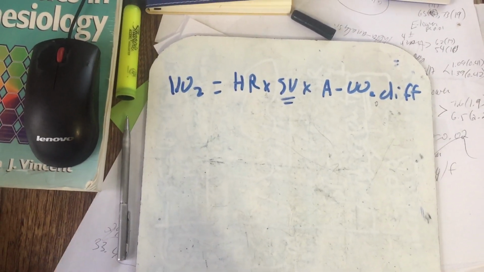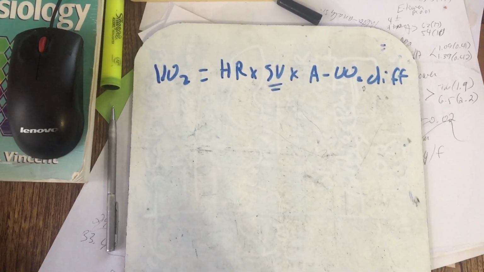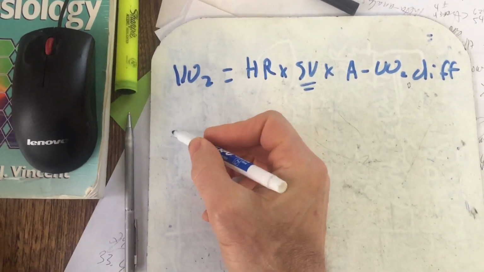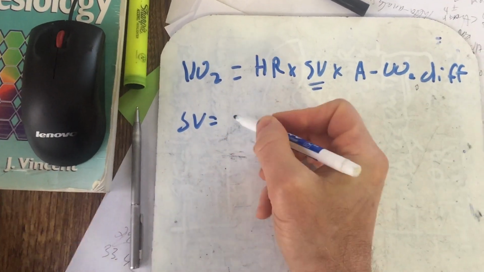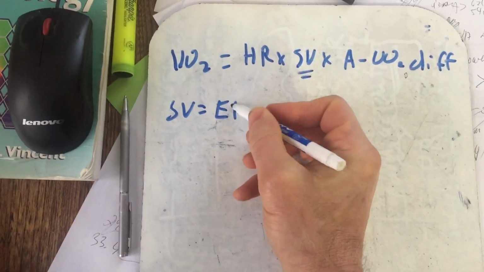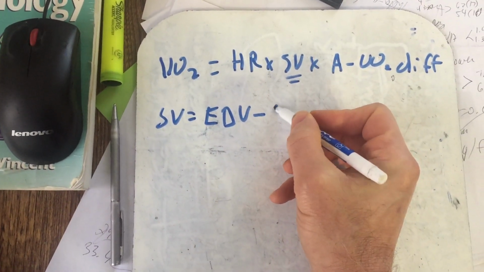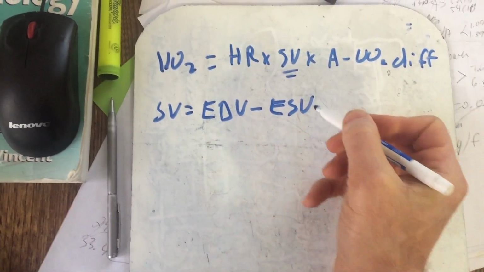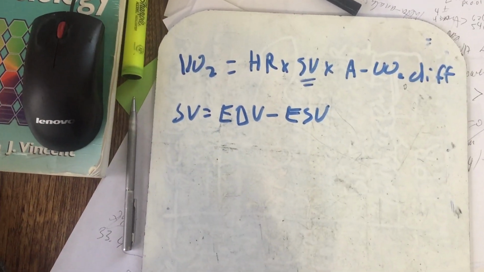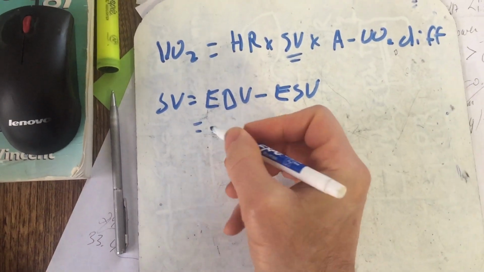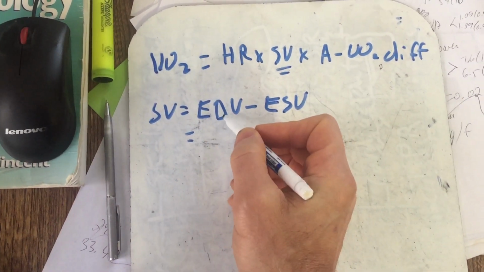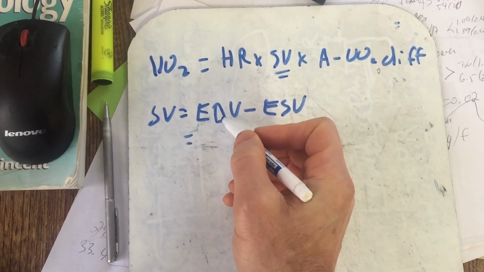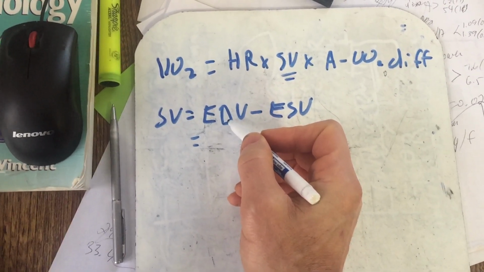I've given you your end diastolic volume and end systolic volume. You can find your stroke volume by the difference between the end diastolic volume and the end systolic volume. So the stroke volume is the amount of blood that's pumped out of your heart per beat. End diastolic volume is the most blood that's in your heart.